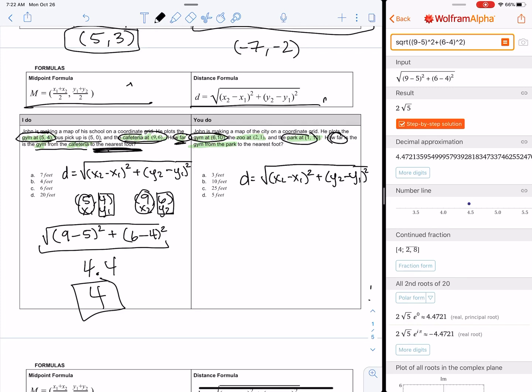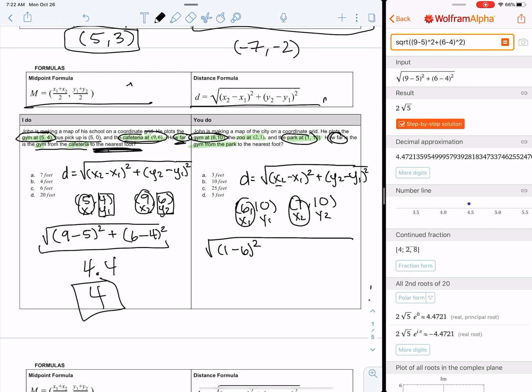And then what 2 points am I dealing with? Very good, gym and park. So I have gym is 6, 10 and park is 1, 10. x1, y1, x2, y2. And then I plug in the points. So we have x2, which is 1, minus 6 squared plus 10 minus 10 squared.